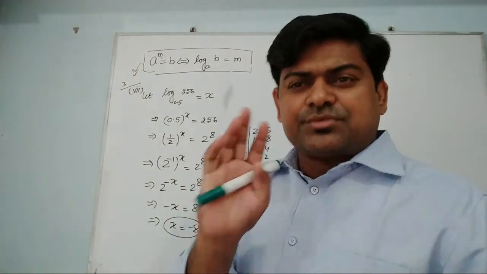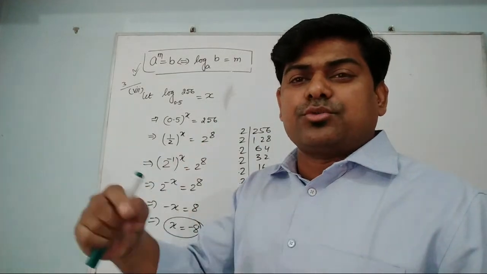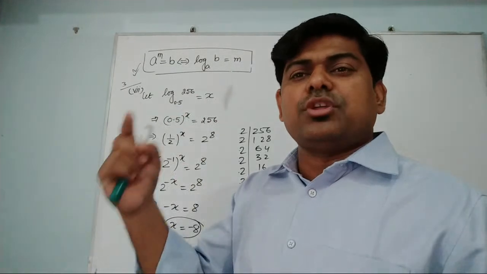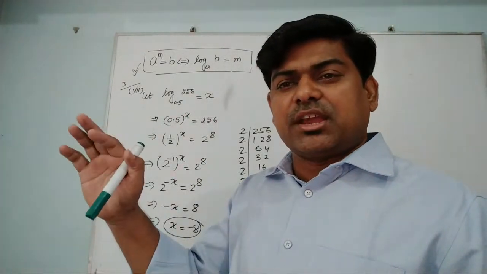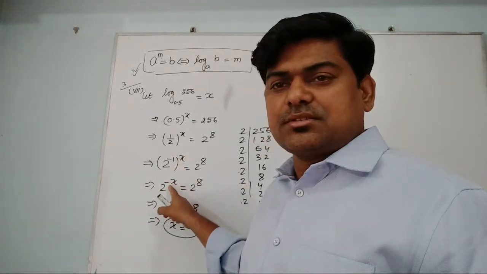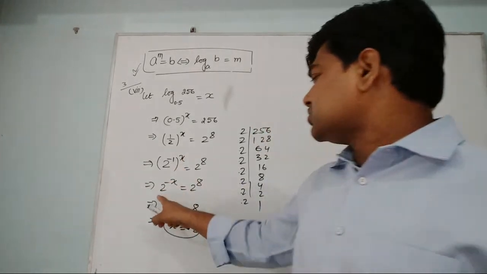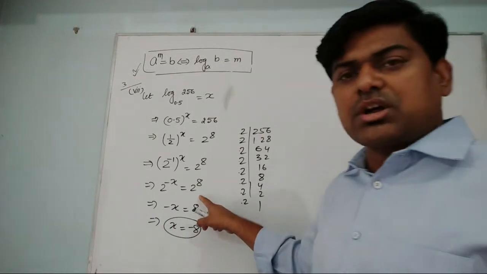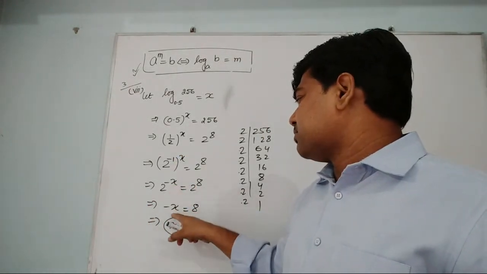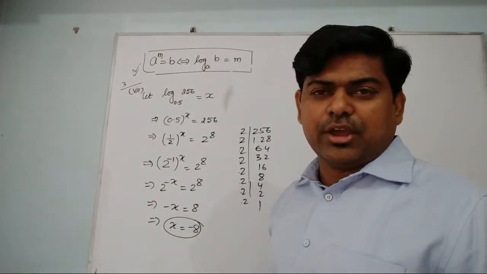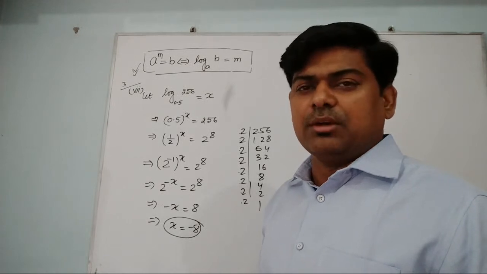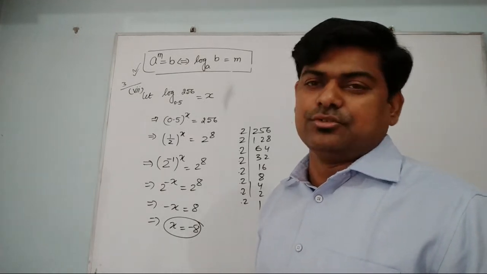And in indices we learned that if power to the power is there, it can be multiplied. Minus 1 into x will be minus x. Now both bases are equal, so definitely their powers should be equal. So x is equal to minus 8, easily we can find. We need not be worried about it.